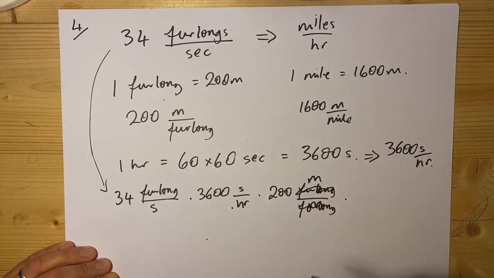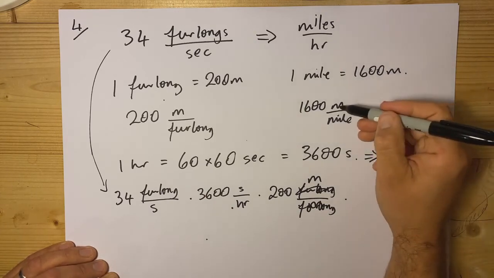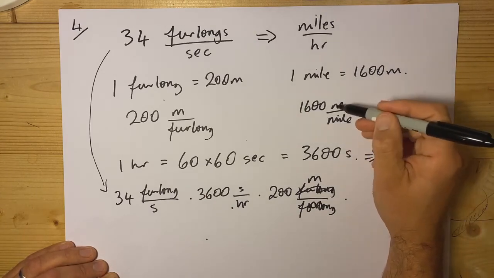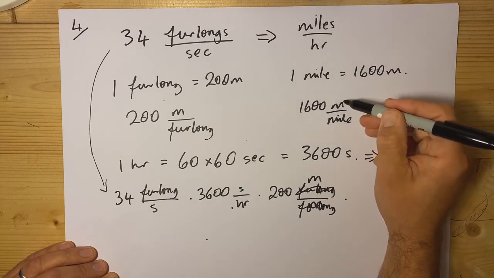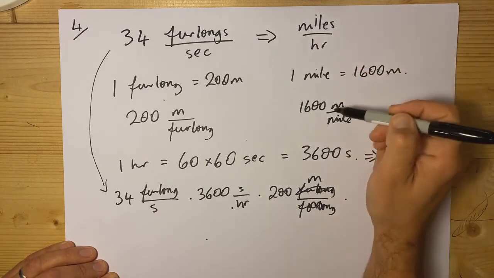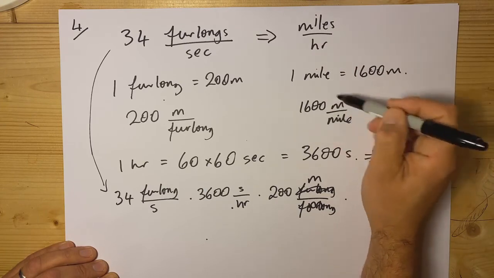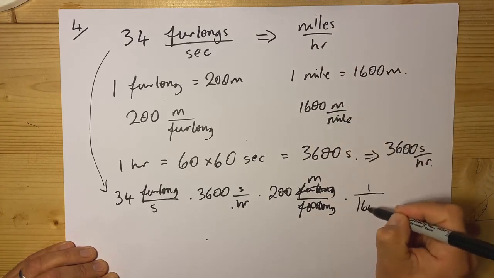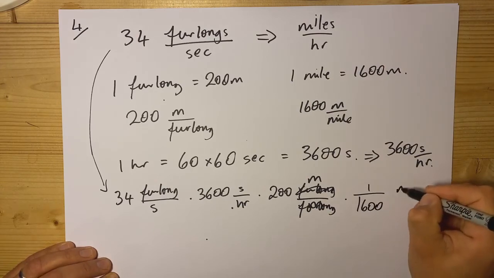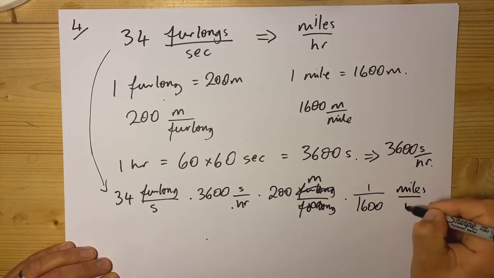We're going to need to go from meters to miles. Now this is the wrong way around for us, because this is already meters per mile. So we need the meters underneath and the miles on top, because that's where we want to end up. So we're going to have to invert this. So rather than it being 1600, it's going to be 1 over 1600 miles per meter.